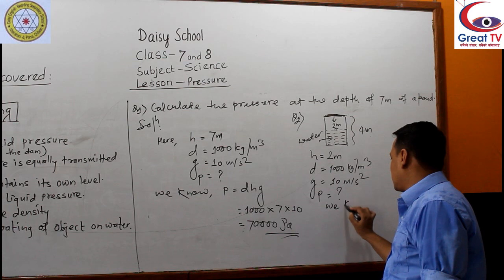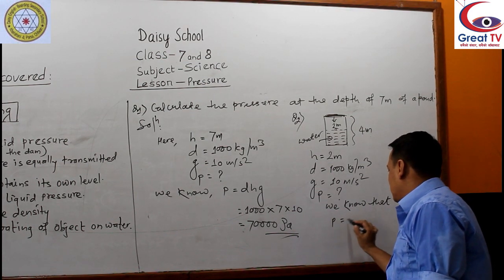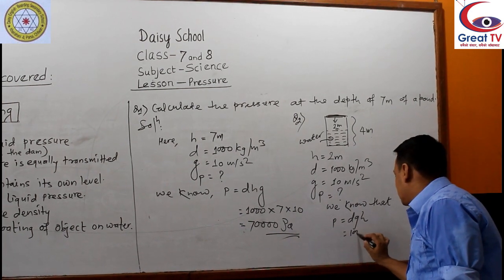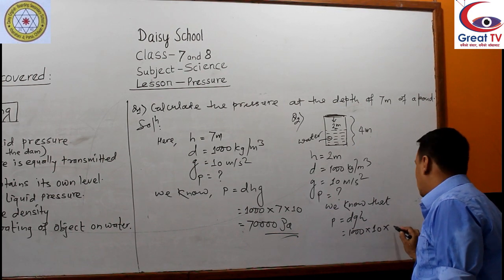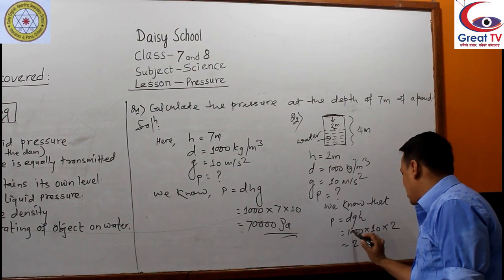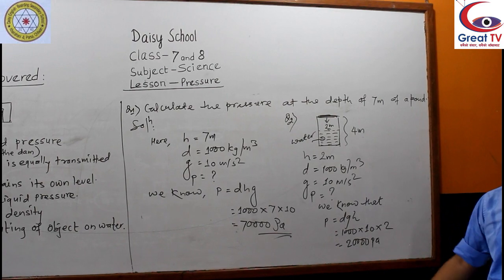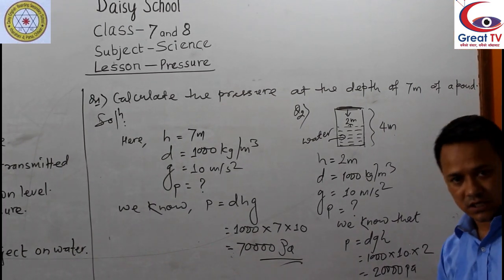We know that P equals to dgh. So d means 1000, g means 10, h means 2. So 2 ones are 2. How many zeros? 1, 2. Pascal. So 20,000 pascal. In this way, we can calculate simple numerical problems related to liquid pressure.